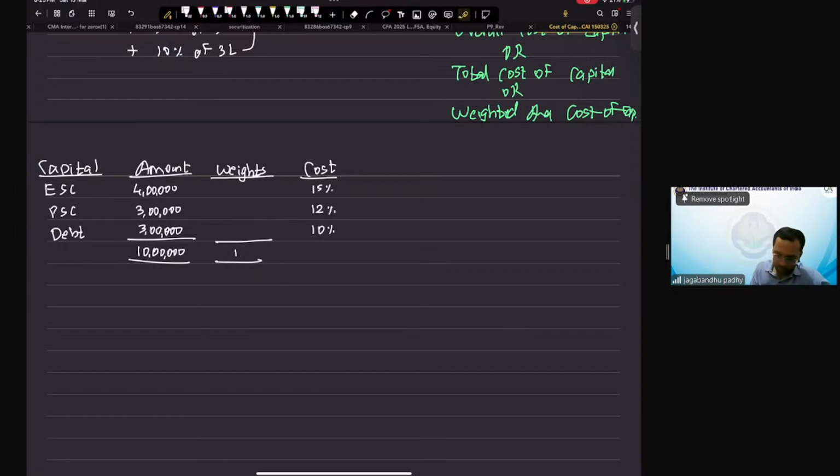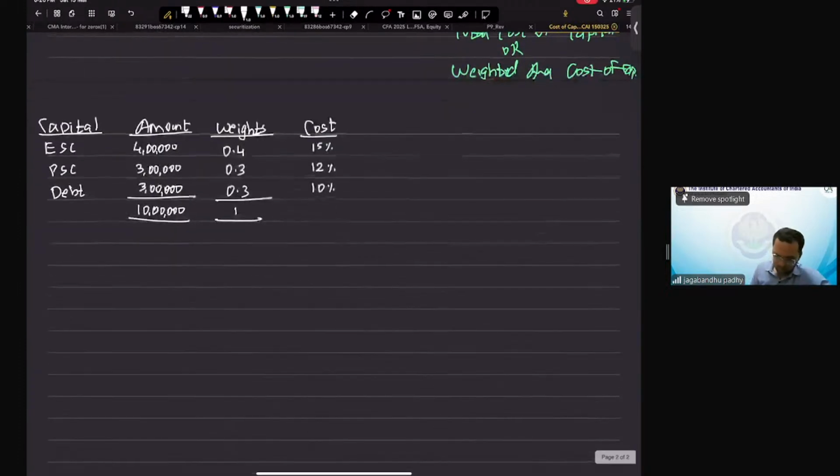Now this 4 lakh out of 10 lakh, the weight is going to be 0.4. So how do we get this weight? 0.4, 4 lakh out of 10 lakh. Then the next weightage will be 3 lakh out of 10 lakh, so that will be 0.3. The next is also going to be 0.3.